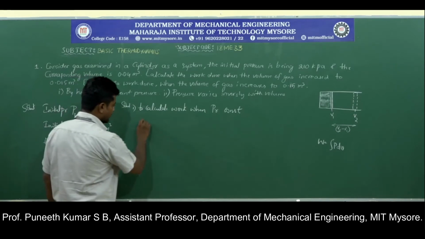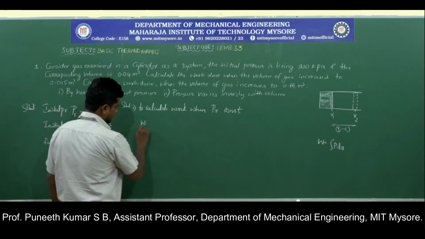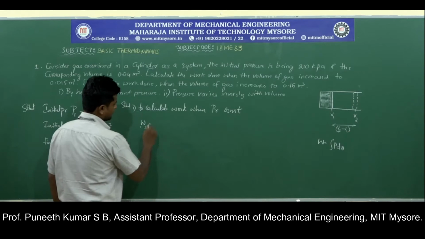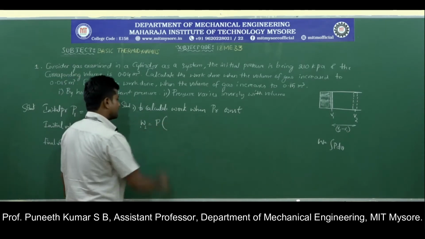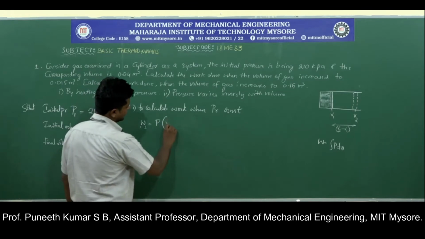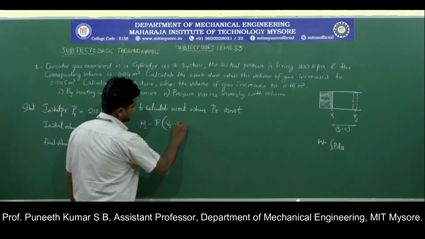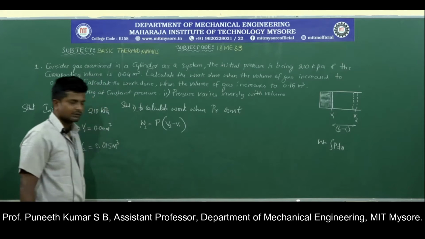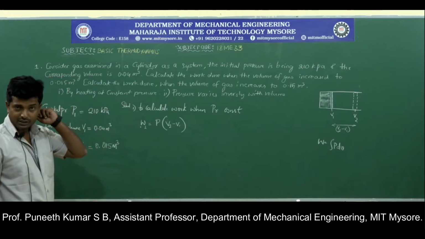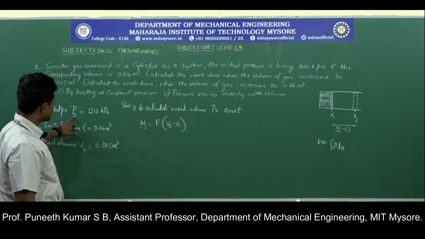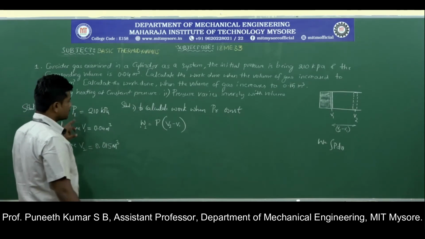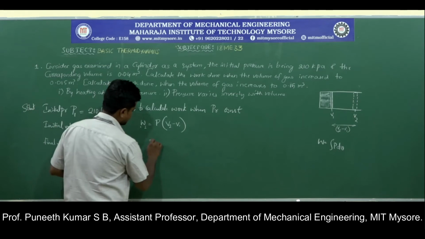So, the formula for work from 1 to 2 is the product of P into V2 minus V1. The pressure is constant here, so we have written the pressure P1 equal to 210 kilopascal.